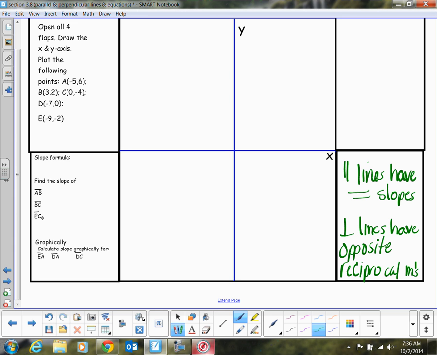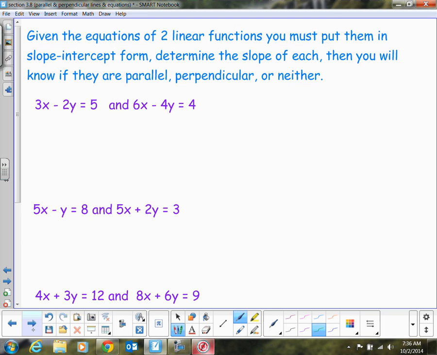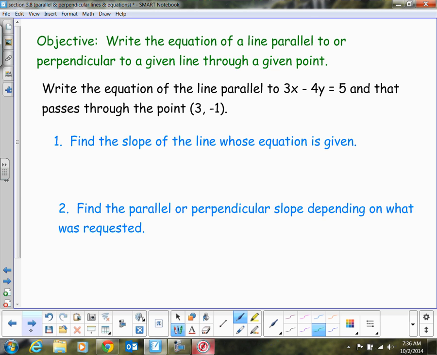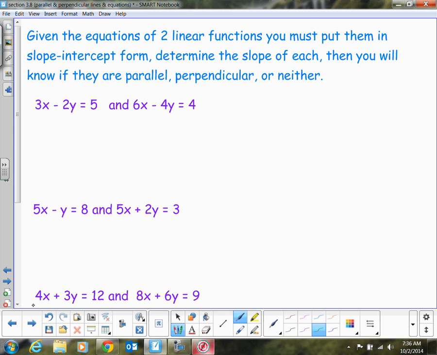You found slopes over here. Some of those probably should be perpendicular and some probably should be parallel. But right now we are going to determine how I figure out if these lines are parallel, perpendicular, or neither. What form do these have to be in?